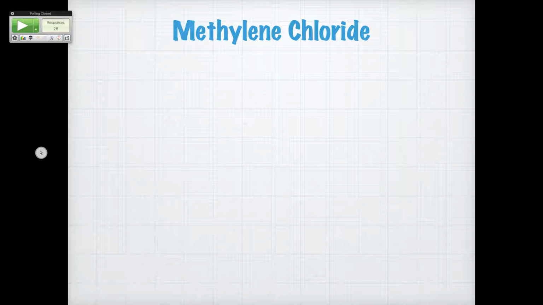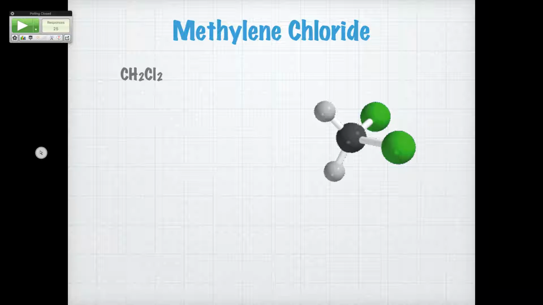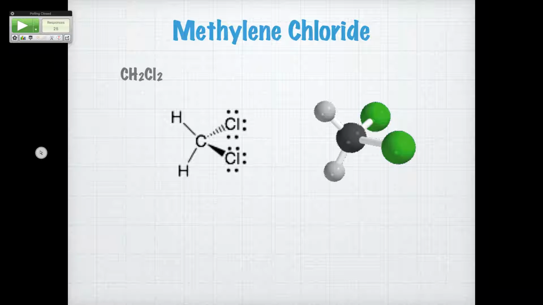Here is methylene chloride. Have you used that in lab yet? You will. It's coming. It's a really popular solvent. That's how come you'll use it. So this is what it looks like. It's CH2Cl2, and there are 2 chlorines and 2 hydrogens attached to that carbon. You have 2 polar bonds, one from this carbon to this chlorine and one from this carbon to that chlorine.